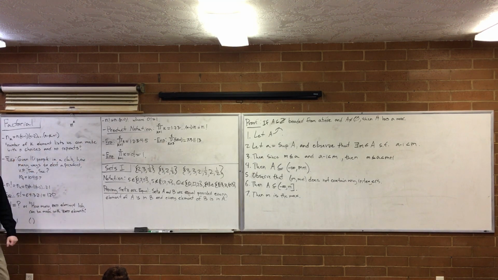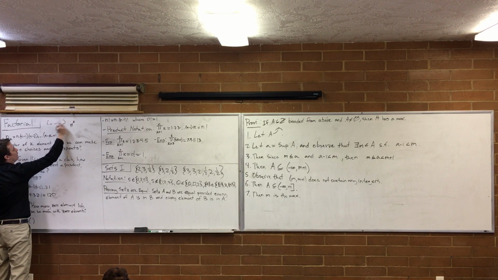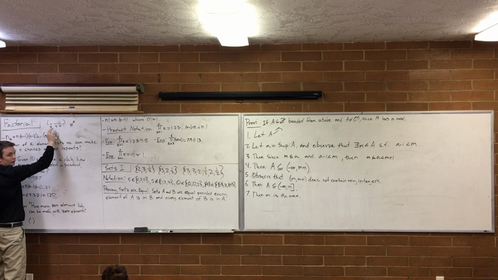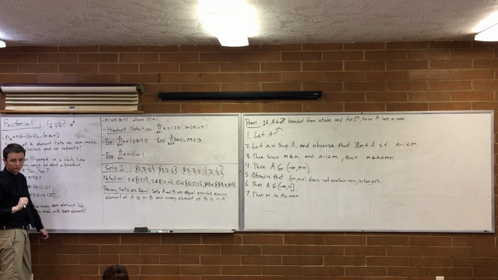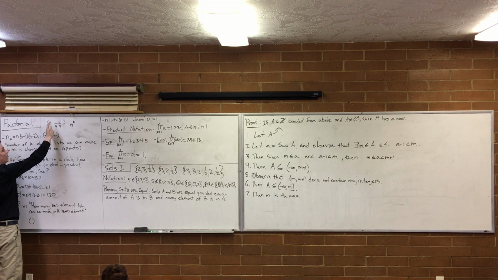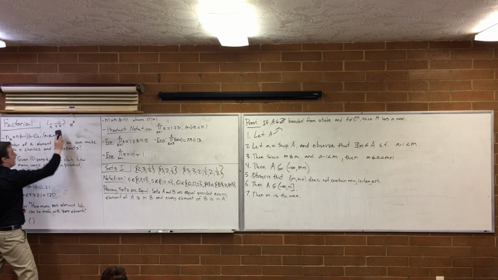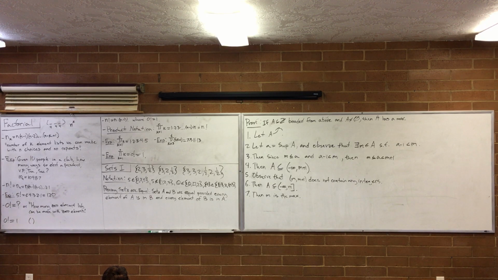So if I ask how many 3-element lists you could make if you had 4 options for each, the answer was 4 cubed. 4 options for this, and for each of those 4 options you have 4 options for this, and for each of those 16 options you have 4 options for this, for a total of 64 options, right? So we have that way of counting lists when we allowed repeats.